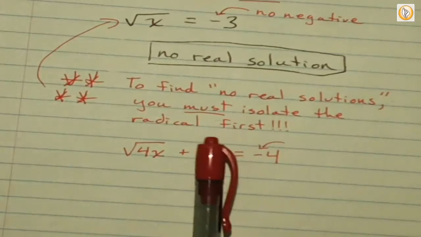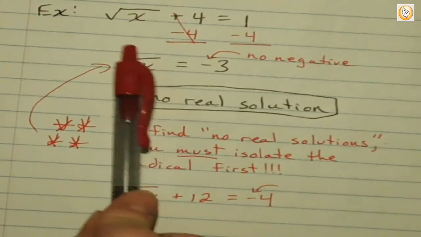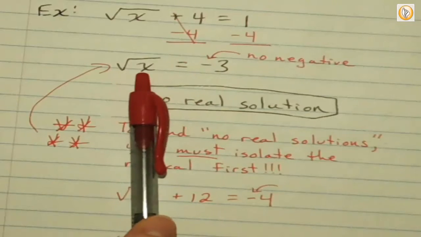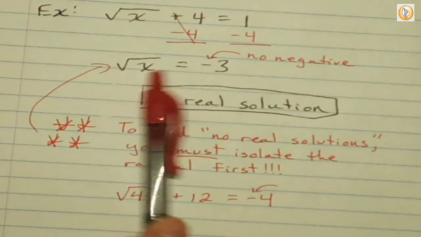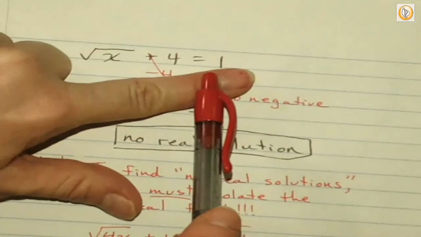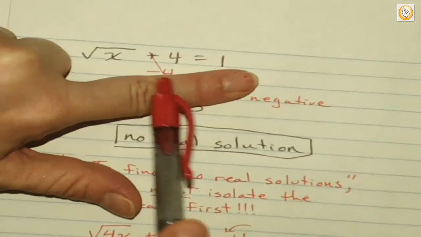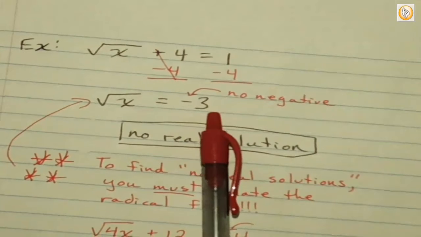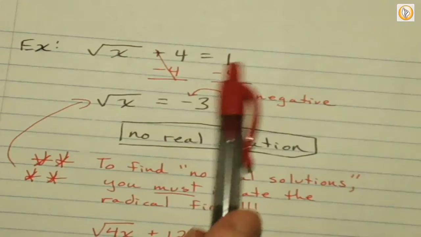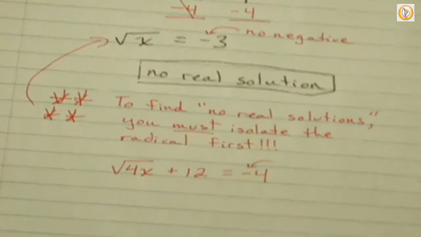You must isolate the radical first. You must do all the work to get this by itself first and then see if there's a negative. Because look right here. Was there a negative in the beginning over here? It appeared after we did the work. So you cannot assume by just looking at this number if there's going to be a solution or not.